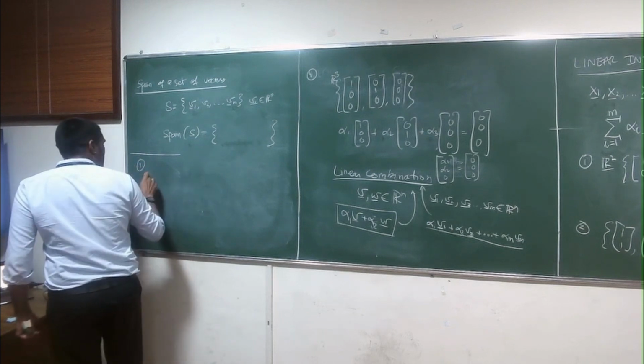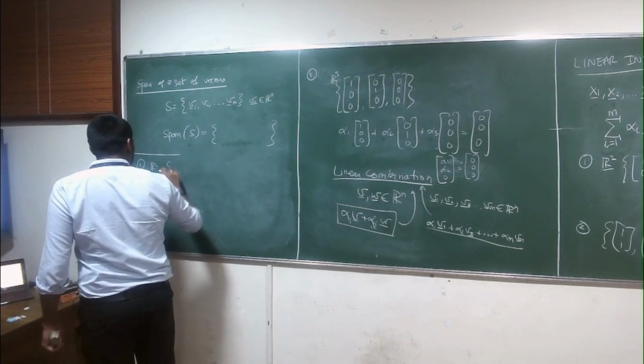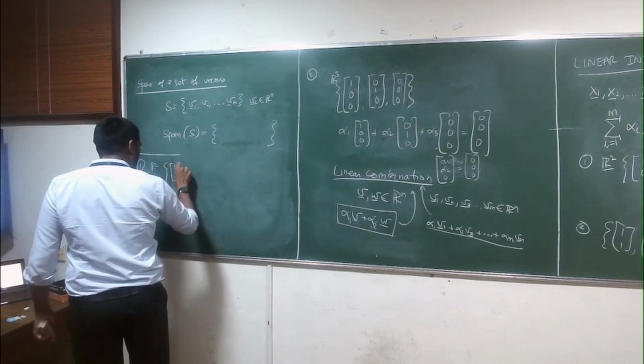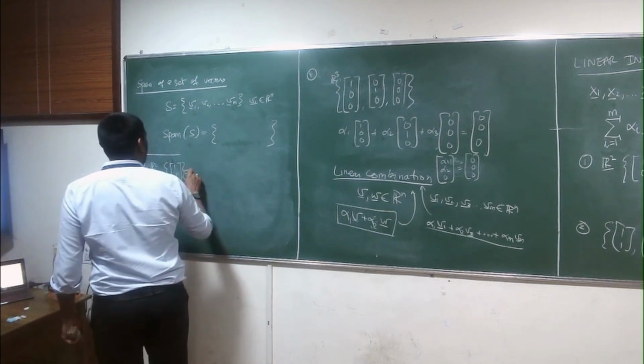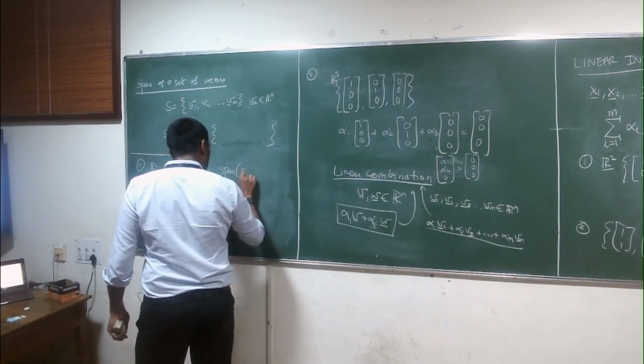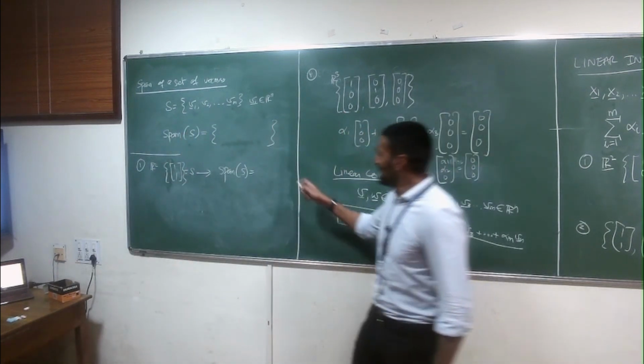Let's say we're talking about R2, and the set that I'm interested in is (1, 1). This is my set S. What is the span of S? What all elements will that set have?